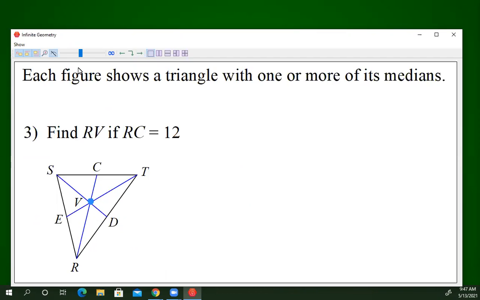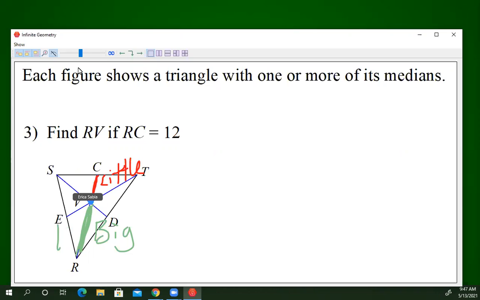You have a little piece and you have a big piece. And the deal is the little piece is always half the length of the big piece. So if I told you the big piece was 10, that means the little piece is 5, right?